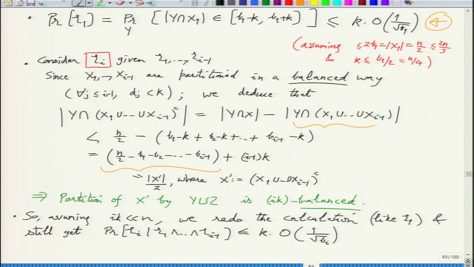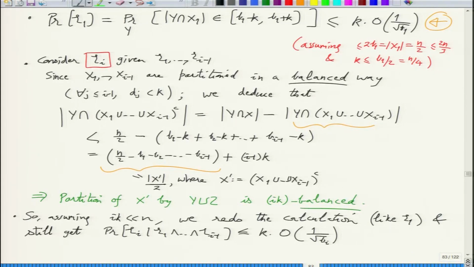Is this part clear? This can only be understood so quickly by the extreme case. The extreme case is the partition is perfectly balanced for all E1 to Ei minus 1. So if the partition perfectly balances them, then at Ei also for the remaining variables it is perfectly balanced. So you get the same probability estimate as you got for E1.